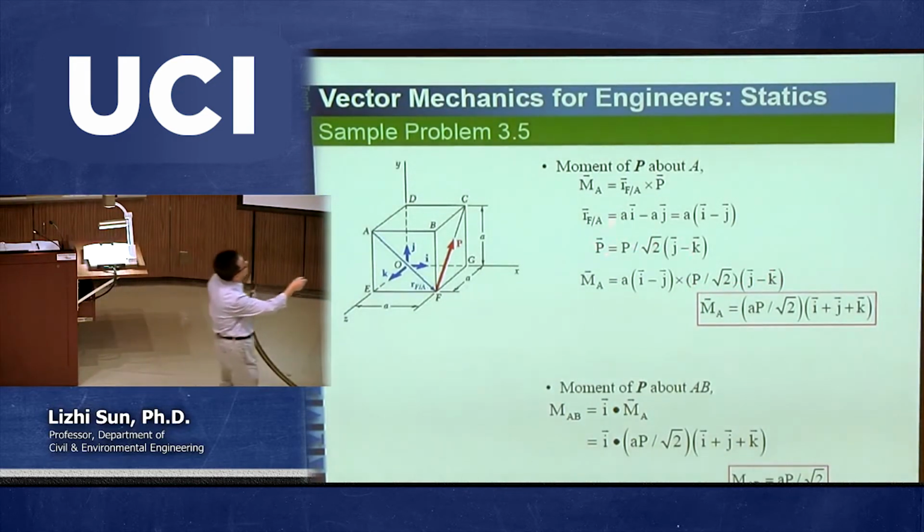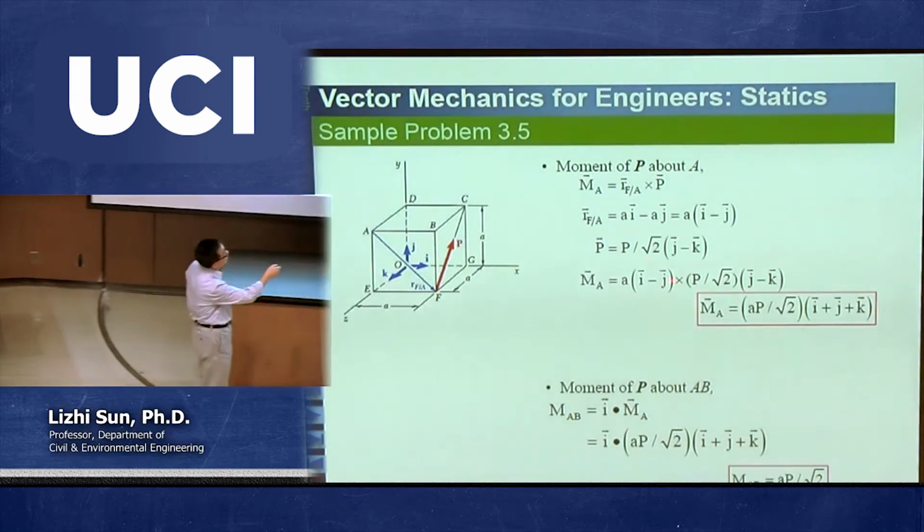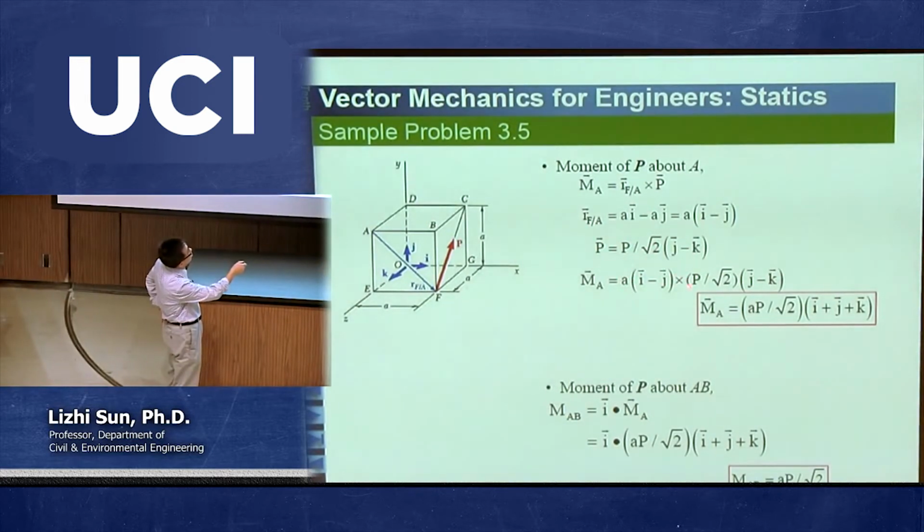Okay, so we got P, we got R. Now we just need to do the math, using R cross P. So basically you just need to know I cross J equals K, that's going to be a K term. And I cross K equals negative J, another term. And J cross J equals 0, so you don't need to worry about that.